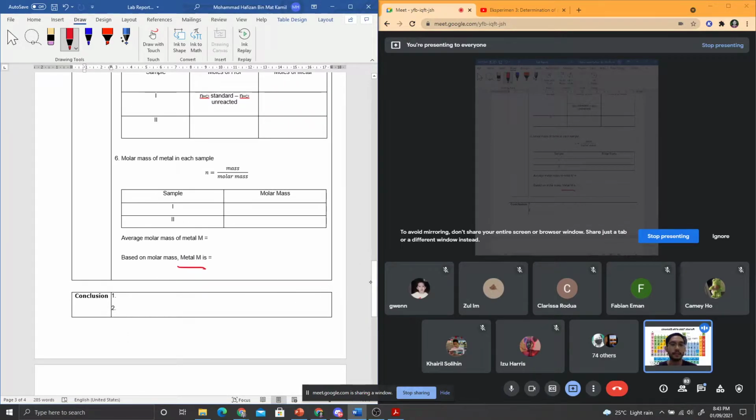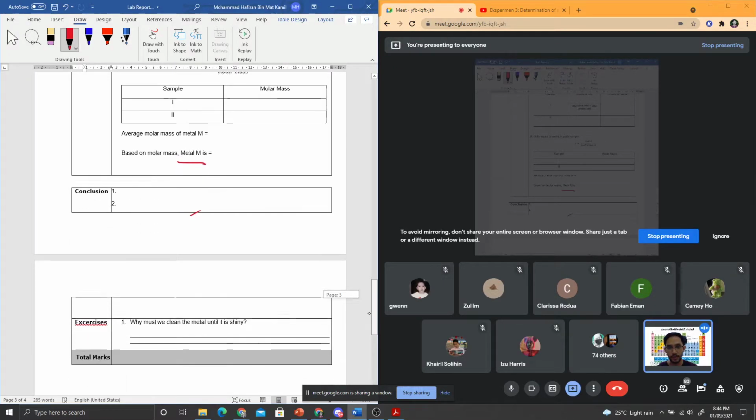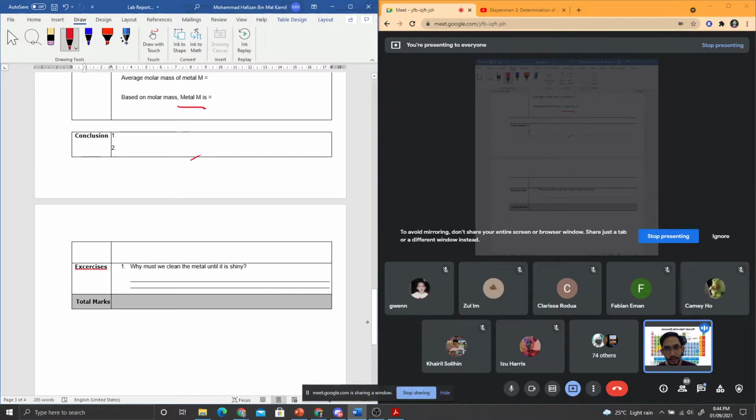So includekan dalam ni. And then we also have chemical reaction to standardize the HCl dengan NaOH, also include dalam sini. Okay. Untuk exercises, try your best to jawab.